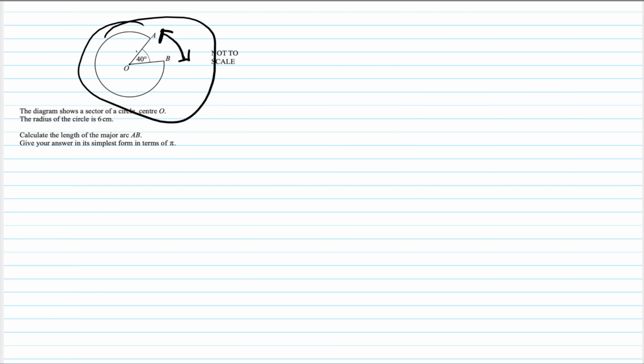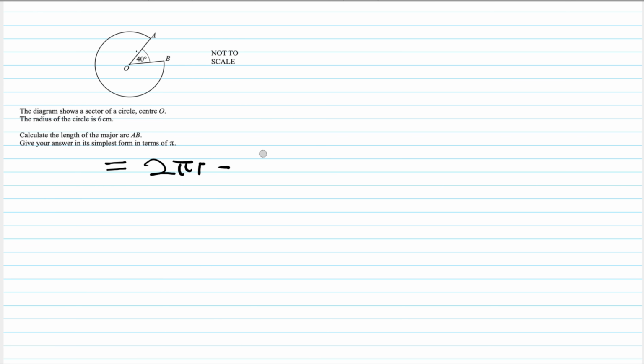So for us to find the major arc, all we need to do is find the circumference of the circle, and then subtract the minor arc from it. So the formula for the major arc now is the circumference of the circle, which is 2 pi r, minus the length of the minor arc, which is theta over 360 times 2 pi r, where theta is now 40 degrees and not 320 degrees, since we are looking for the length of the minor arc.